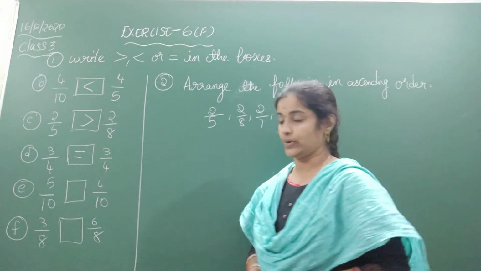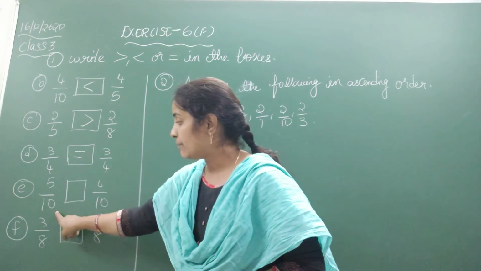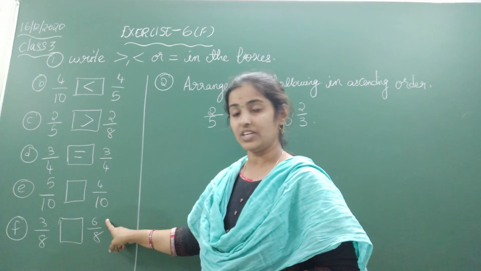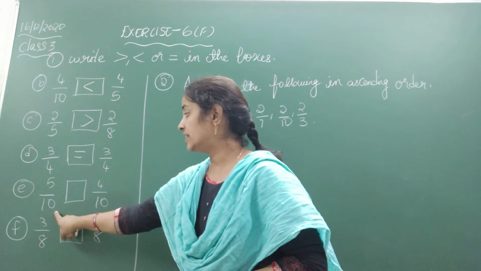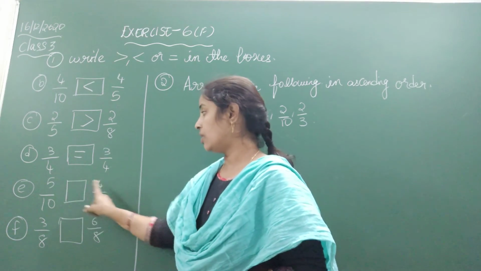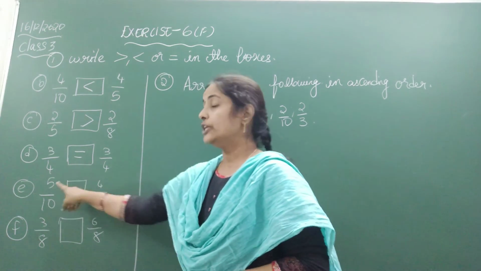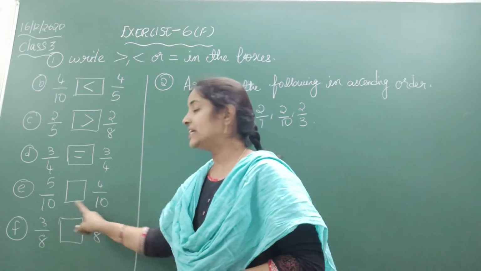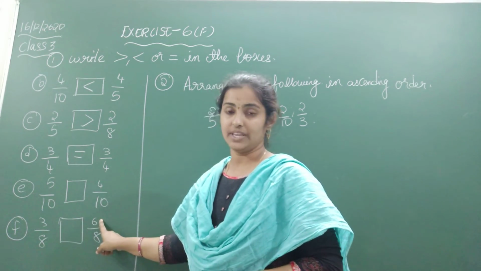Now come to the next one. Here 5 upon 10 and 4 upon 10. We have seen this definition, right? The numerators 5 and 4 are different and the denominator is the same.